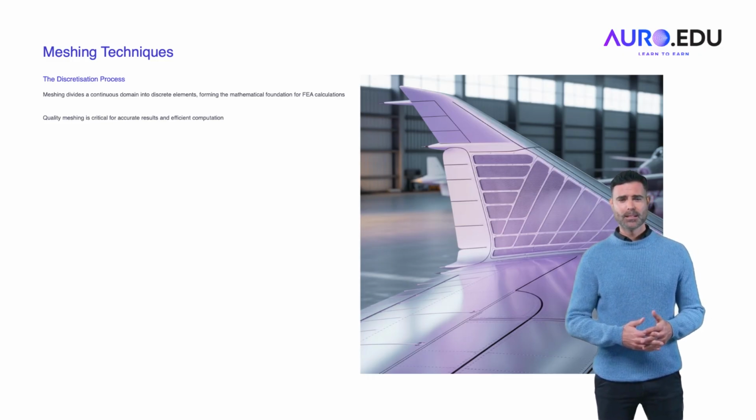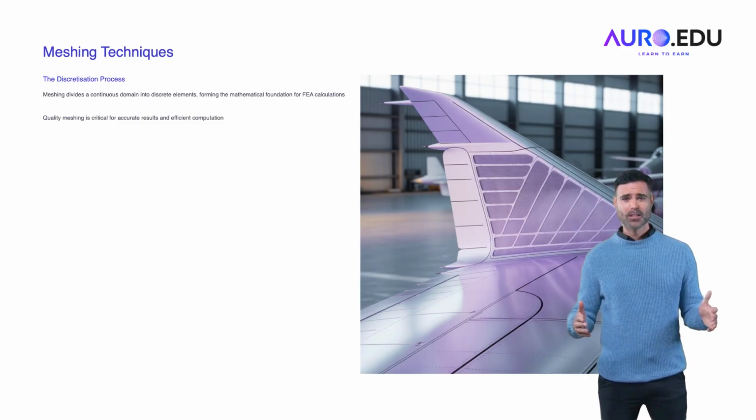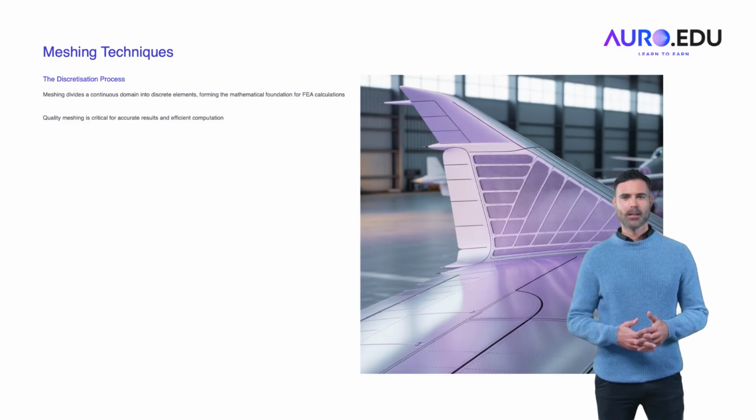Mesh density is critical. If the mesh is too coarse, the simulation will yield inaccurate results, but a fine mesh requires more computational resources. Mesh quality metrics, like aspect ratio, ideal 3:1, and skewness, preferably 0.7, are used to ensure accurate results and efficient computation.